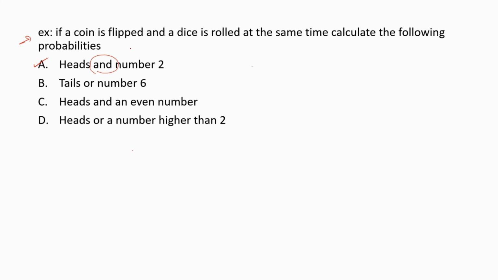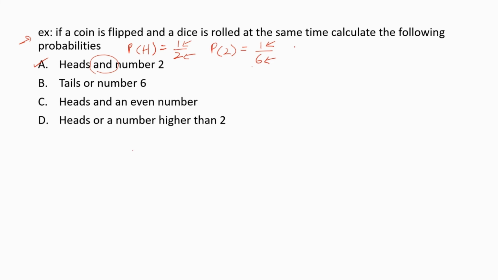So the probability of getting heads equals 1 over 2 because there is only one head and there are two outcomes. And the probability of rolling a number 2 equals 1 over 6 because there is only one number 2 on a dice and there are 6 sides.